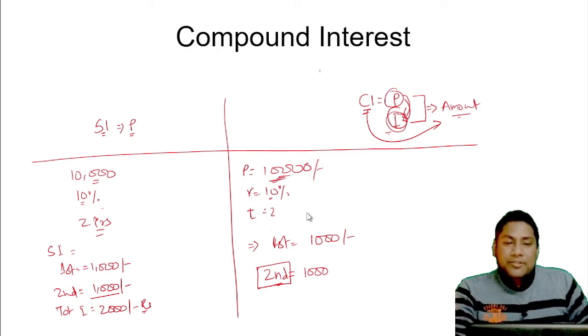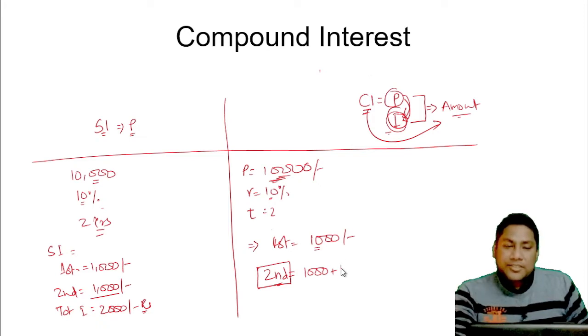Here we also have to calculate the interest on interest. We have to calculate the interest on the interest of the first year. The interest of the first year is 1,000, and 10% of 1,000 is 100 rupees. So the total interest for the second year will be 1,100 rupees.